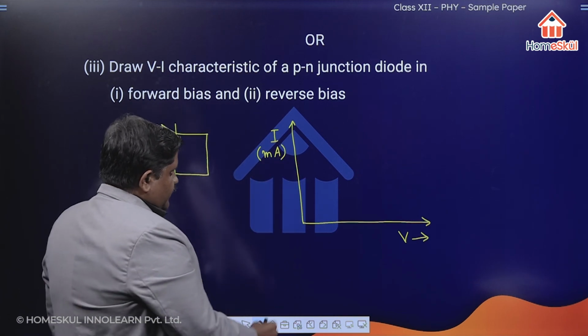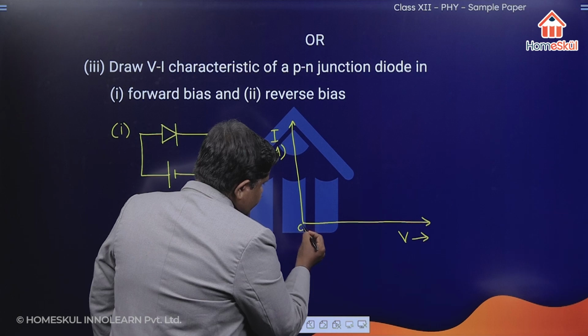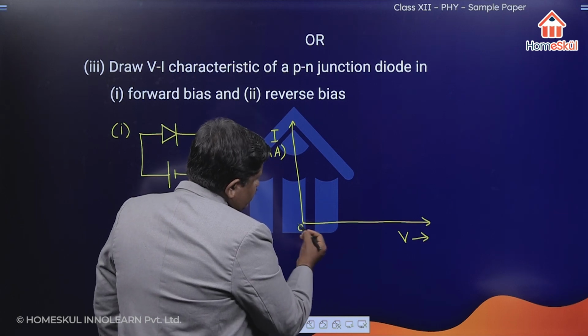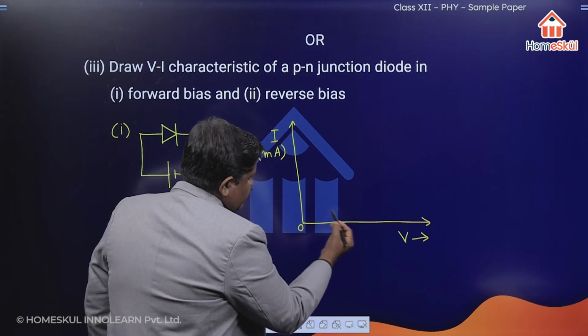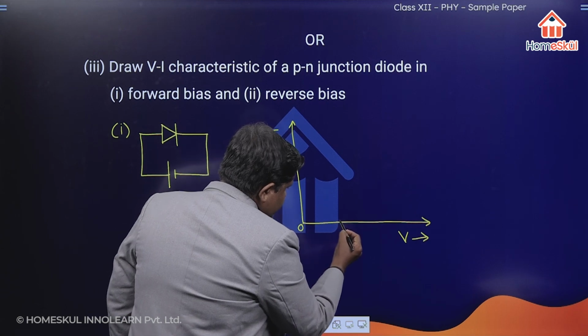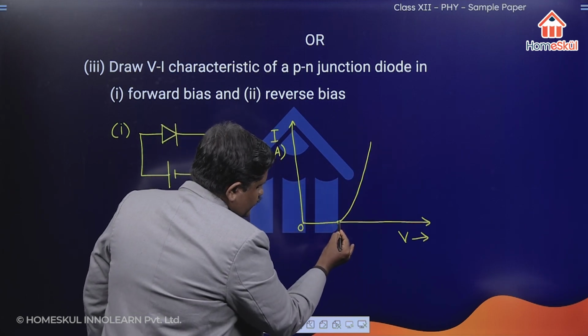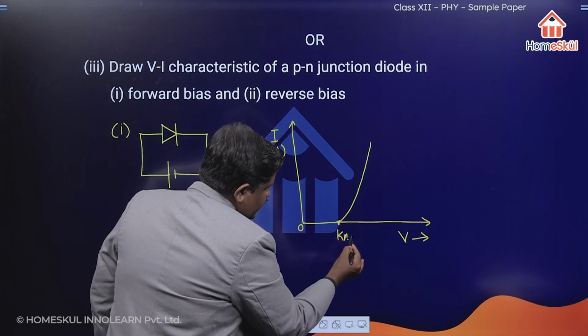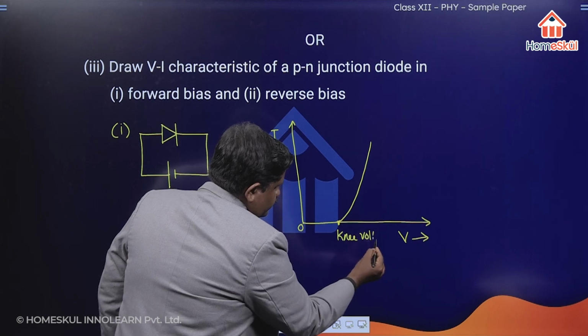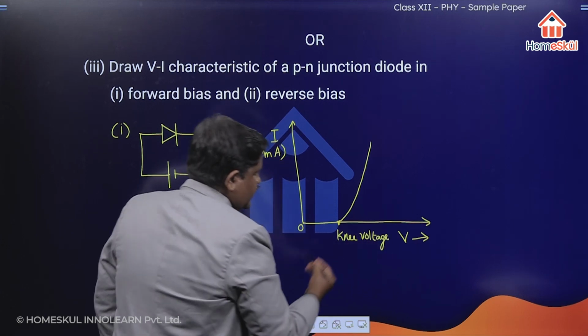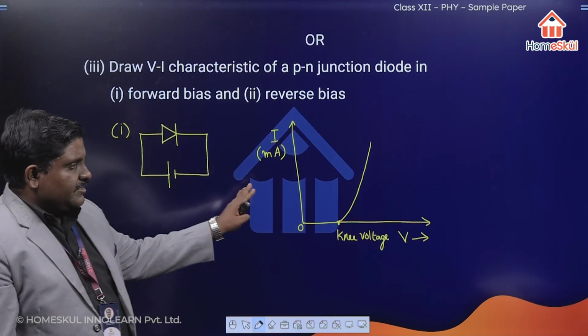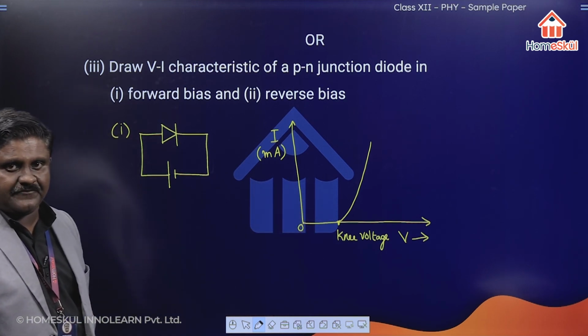Initially the current will be 0. When the voltage increases, the current remains 0. When it reaches a particular voltage, the current starts rising, and this voltage is called knee voltage. So this is the forward biasing graph.